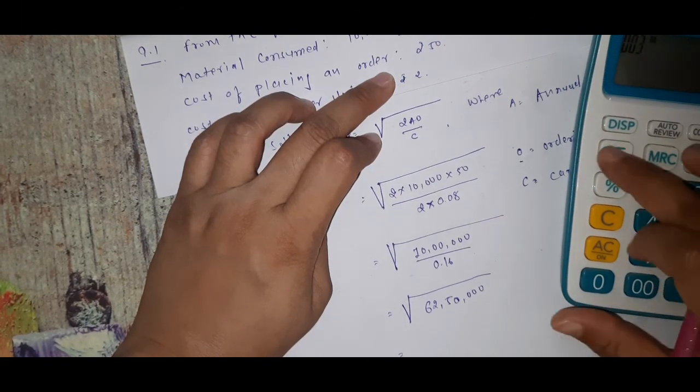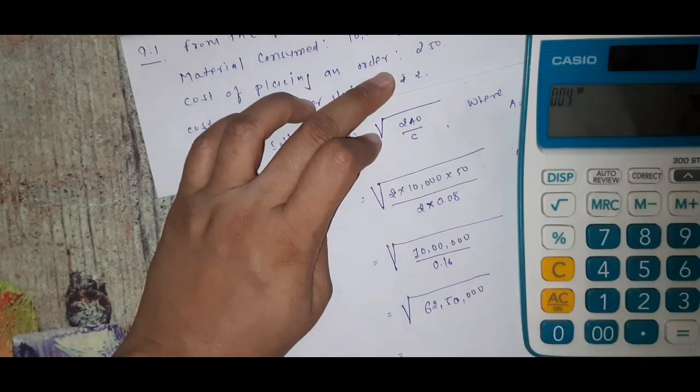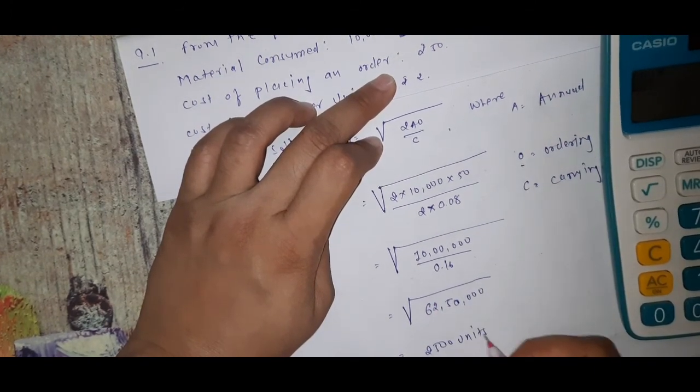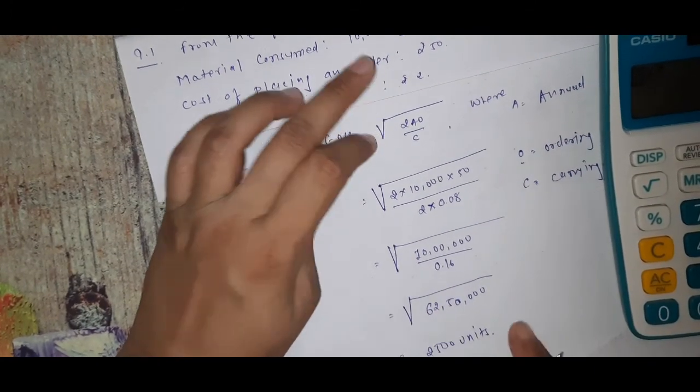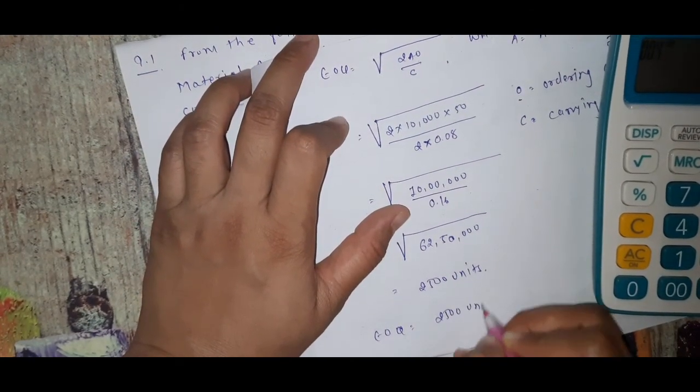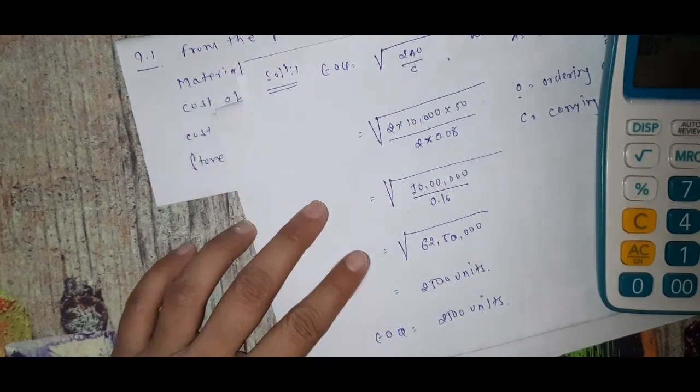Okay, now square root of this one is 2500 units. So EOQ is equal to 2500 units. This is our final answer.